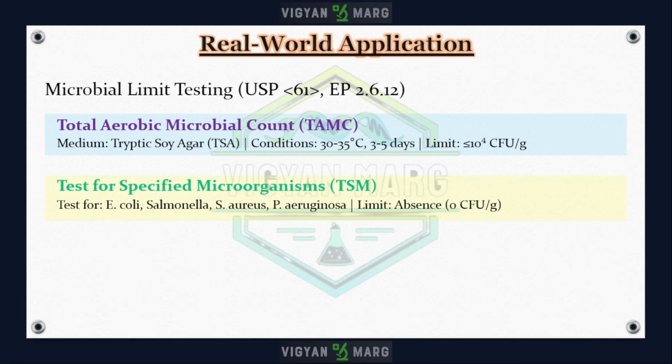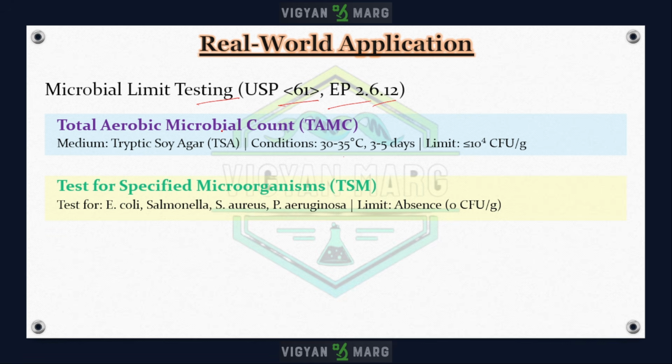Now, real world application. Everything we have discussed about media and culturing comes together in the application part, especially in pharmaceutical microbiology. The key component is microbial limit testing. Standards like USP 61 and European Pharmacopoeia 2.6.12 describe the microbial limit test for non-sterile pharmaceutical products.